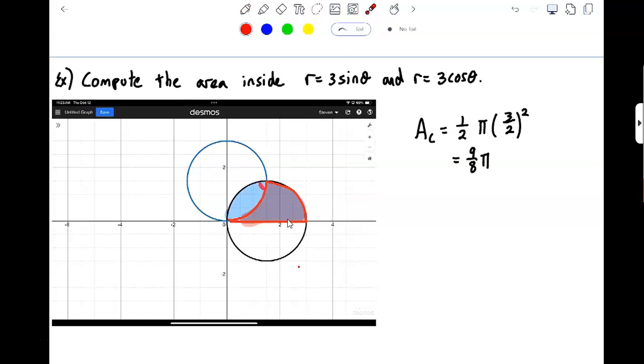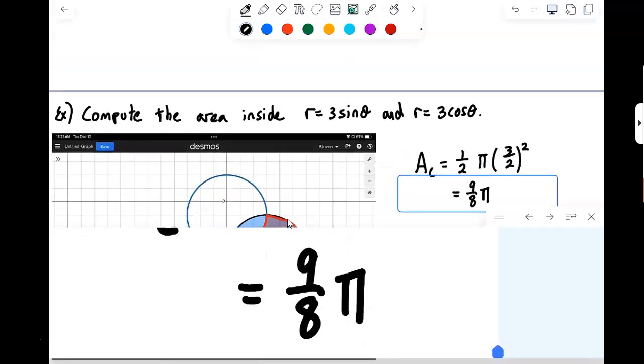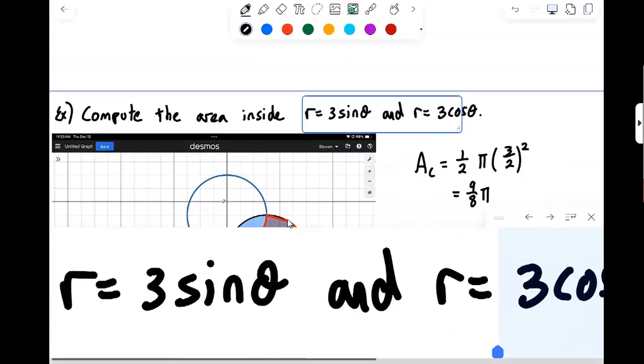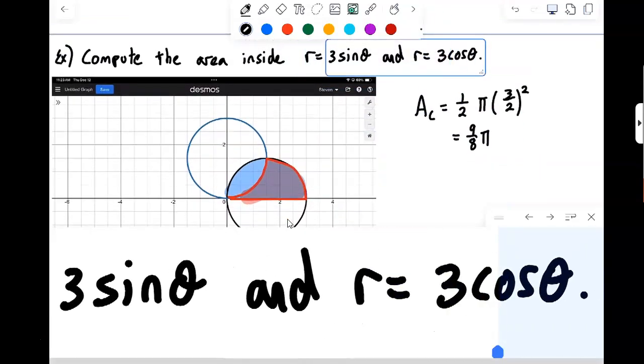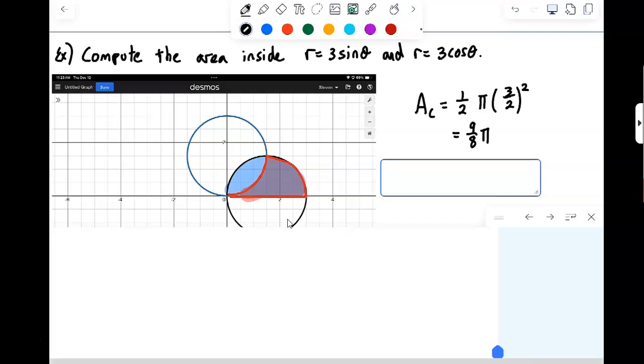So to do that, we need to know where this point is. Well, you can kind of increment a little bit on your Desmos to approximate where it's at, or even get it exactly. Or we can just say that's the first place where these two things cross.